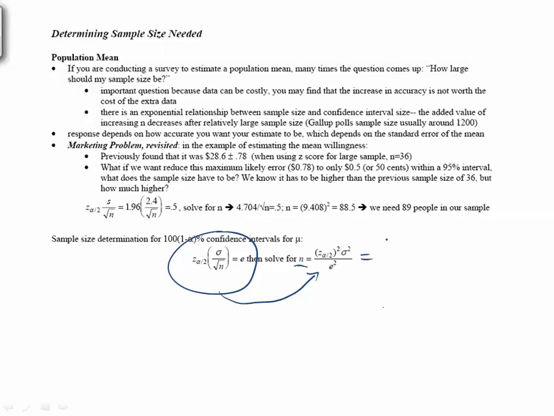So if we assume a z-score of 1.96, standard deviation from the population of 2.4, and we only wanted a 50-cent error, we find that we need 88.5, but we know we can't sample half a person, so we have to round that up. So we need 89 people in our focus group.